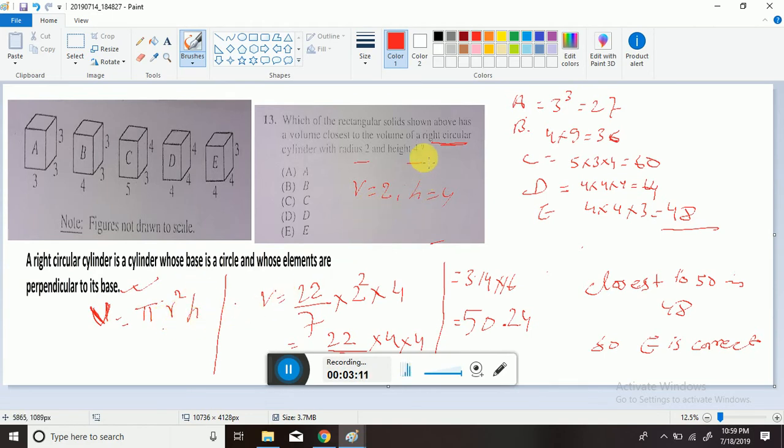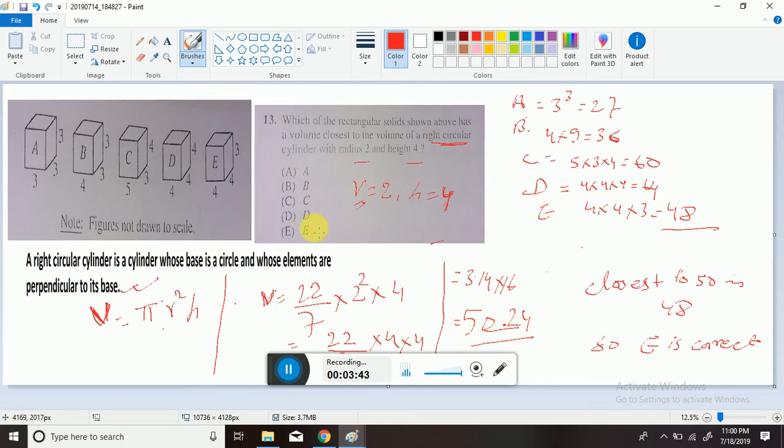Here the question gives the radius of the right circular cylinder as 2 and the height as 4. Applying V equals pi r square h, with pi as 22 by 7, r square as 2 square and h as 4, that results in 50.24. By calculating everything, we got this.